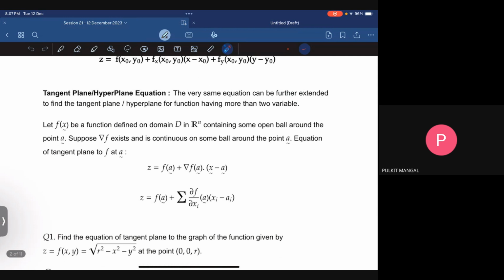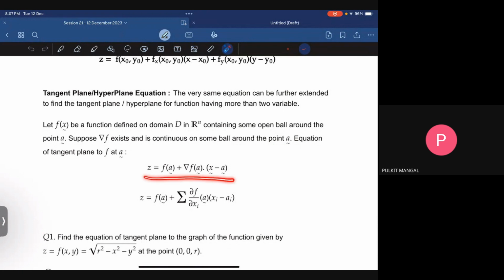So for any function f of x tilde, basically the vector x1 comma x2 till x10, on domain D and R, suppose the gradient of f exists at that point. We want to find my tangent equation at the point a tilde.